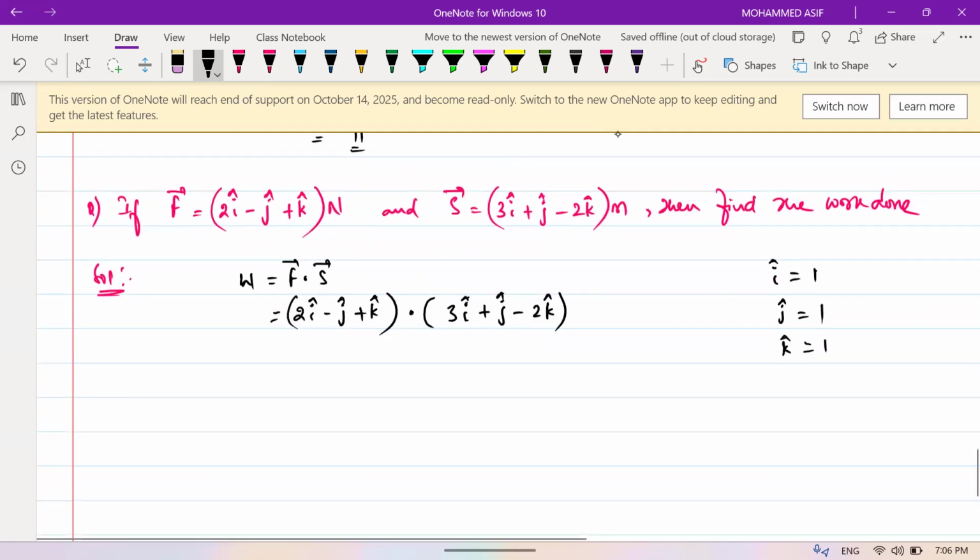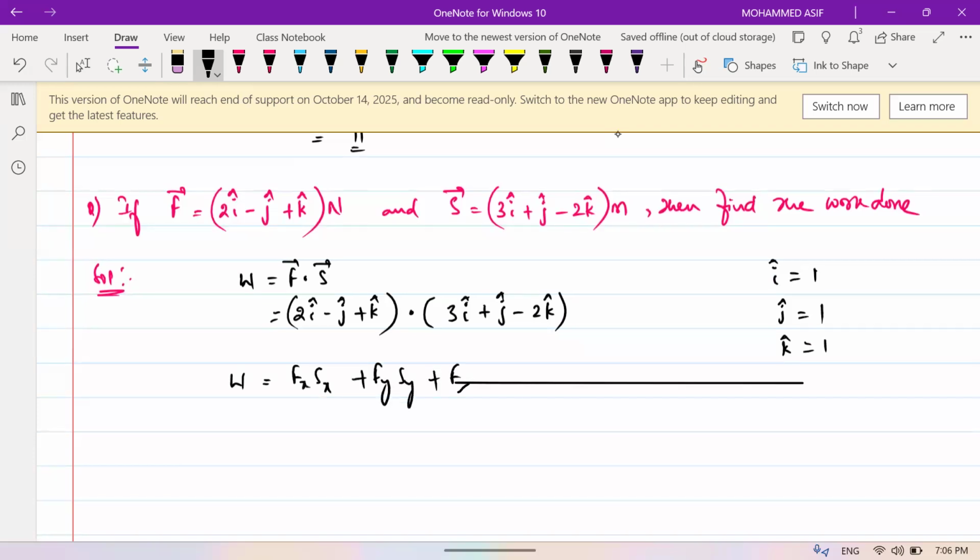Am I clear? So now W will be equal to Fx into Sx plus Fy into Sy plus Fz into Sz.